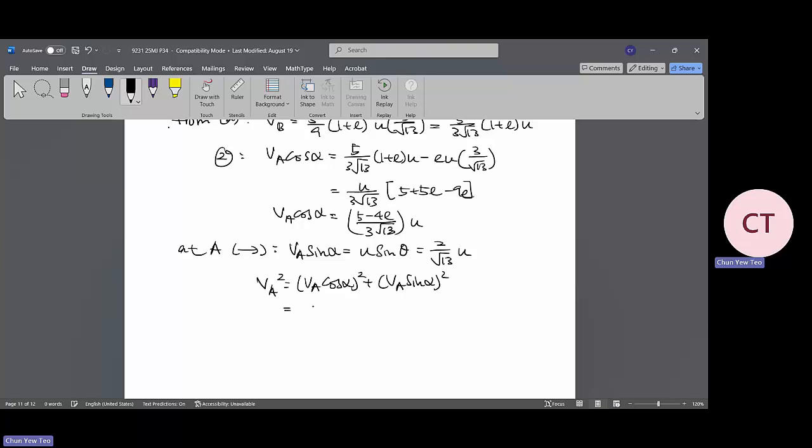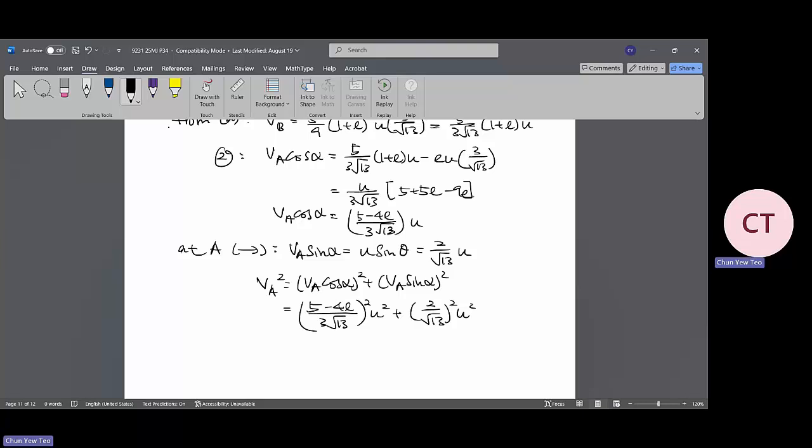That will be equal to (5 minus 4E) times 3 over root 13, squared U squared, plus (2 over root 13) squared U squared. This one is a bit troublesome. We have to expand them carefully.